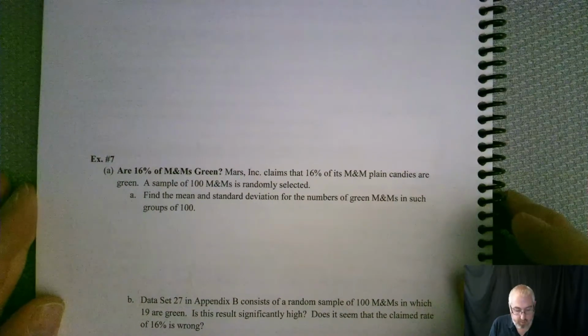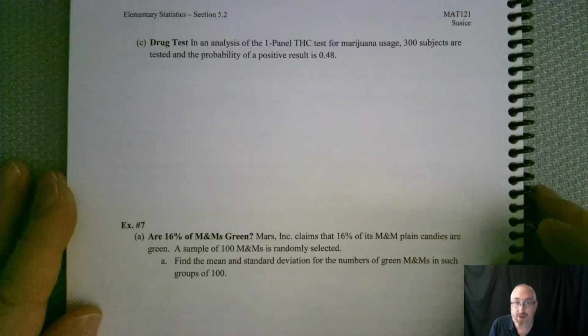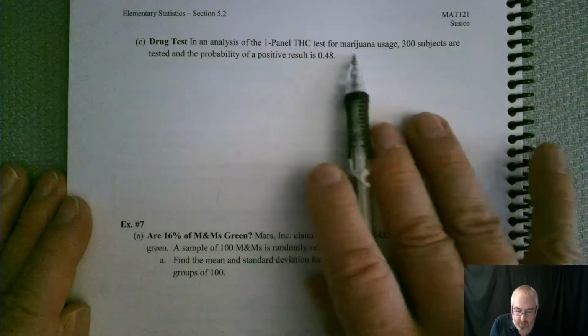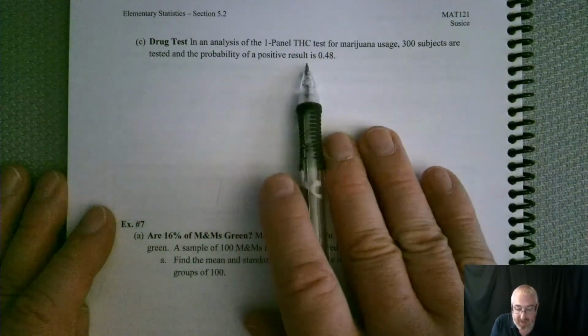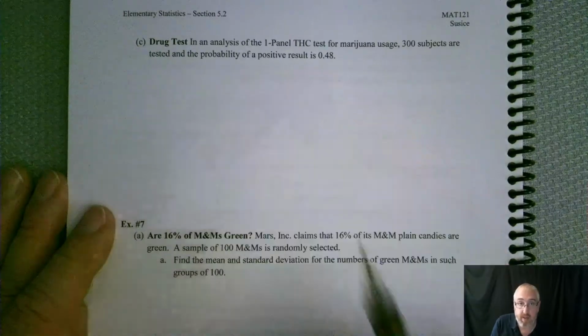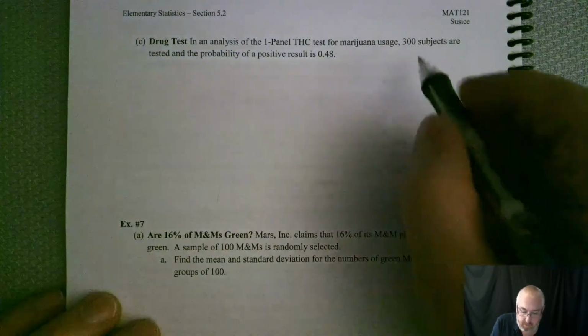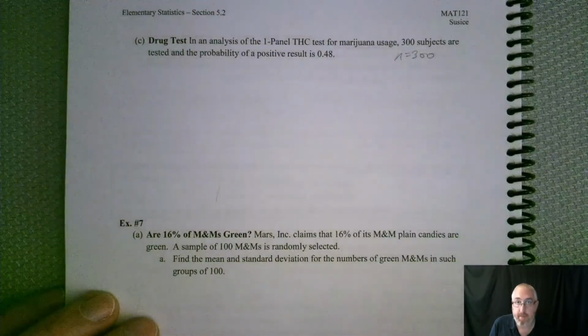All right, drug test. Whoops, helps if you can see it. Drug test. In an analysis of the one-panel THC test for marijuana usage, 300 subjects are tested, and the probability of a positive result is 0.48. So what's our information we need to get the ball rolling? Well, 300 subjects, that's going to have to be our N, right?